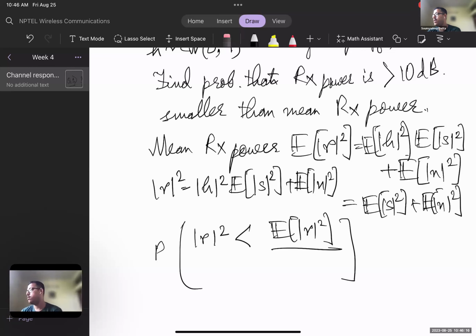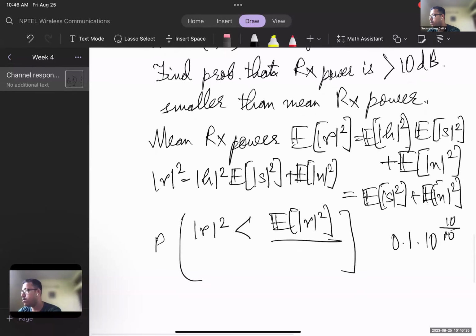And 10 dB in dB scale, in linear scale, will be 10 to the power 0.1 times the dB value, which is 10.